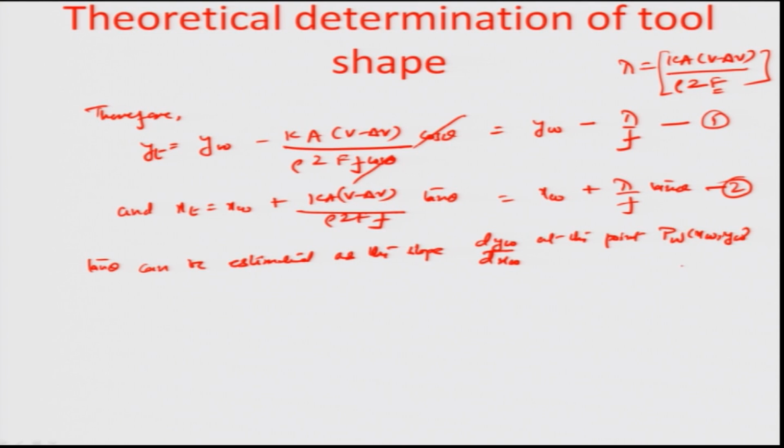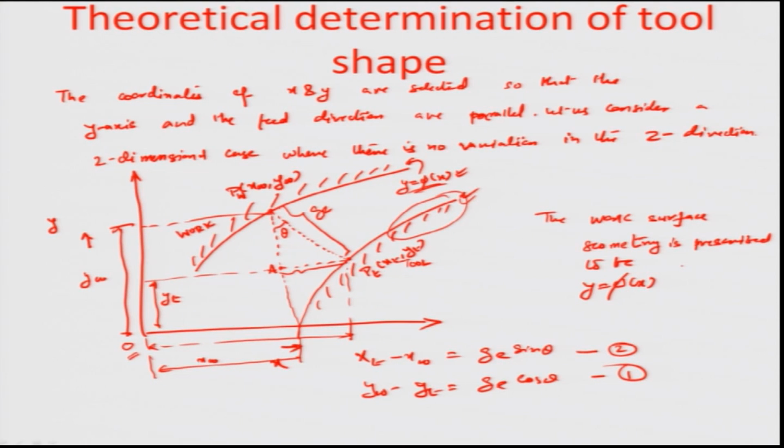Let us go back to the figure and have a look at how it is the slope. So, tan of theta is basically really the tangent at this particular point. So, it is about how yw varies with respect to xw at this point xw, yw.